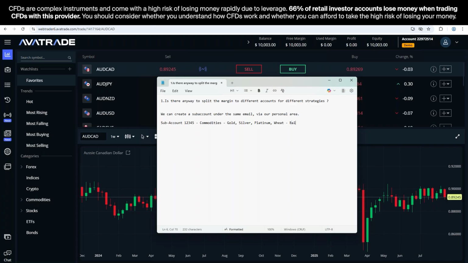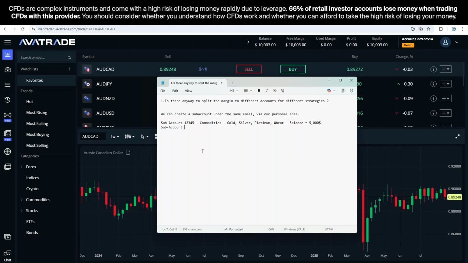Let's say a balance of maybe 5,000. This is everything under the same email. I don't have to open another account and register again. I just create a sub account, which is a different number as we see in here, and I can log into it separately with a different balance for a different strategy.